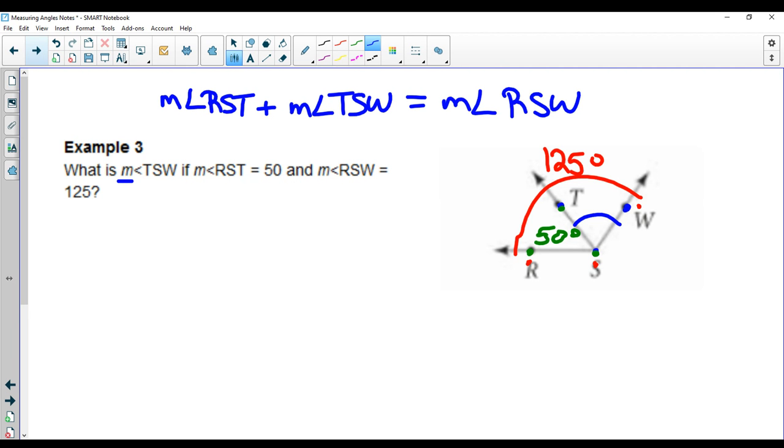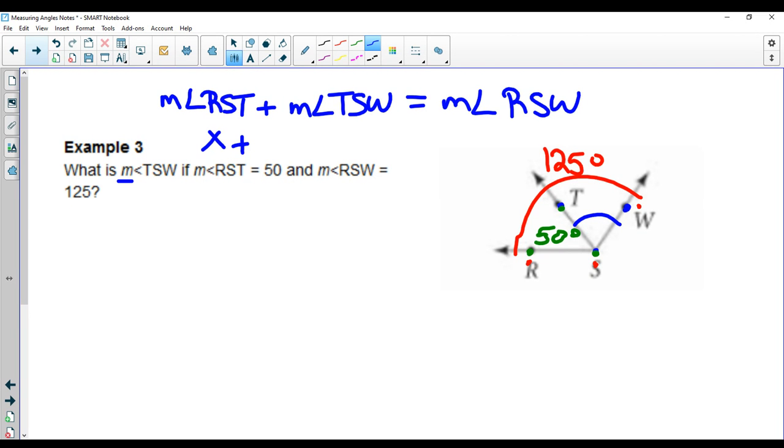Okay? See how you can already see how important it is that I label everything correctly and how these labels are important. RST is what I want. I'm going to plug in what I know. I don't know TSW, so you could call it that, or you could call it X if you really wanted to. Now, we know what RST is.